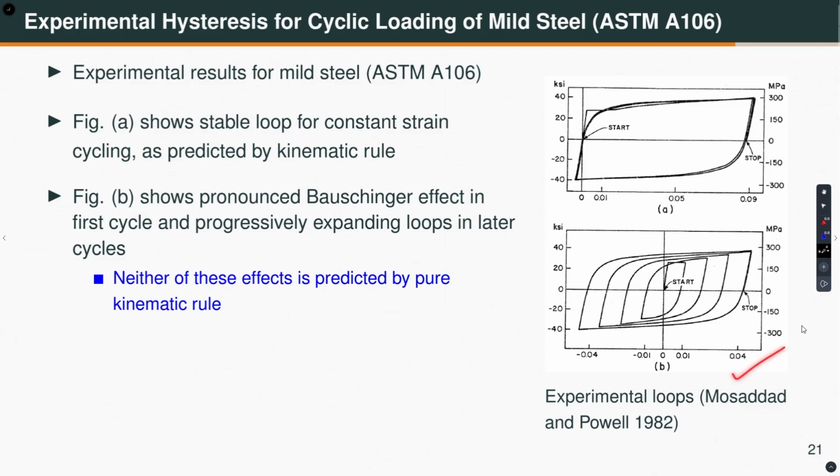Now, this is another data set; I have shown you similar data earlier. Okay. We are not doing constant stress cycling, but what is important here is that after the first cycle you can see a pronounced Bauschinger effect, the material is probably yielding here. Okay. So, it is yielding here, and then in the subsequent cycle you can see that there is a growth of the yield surface, right.